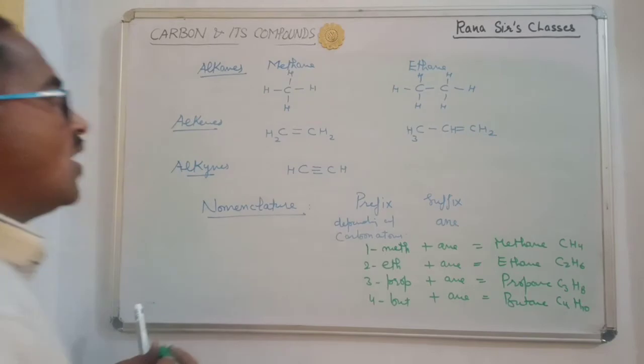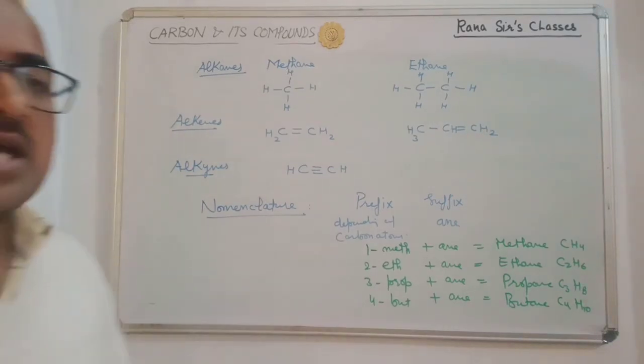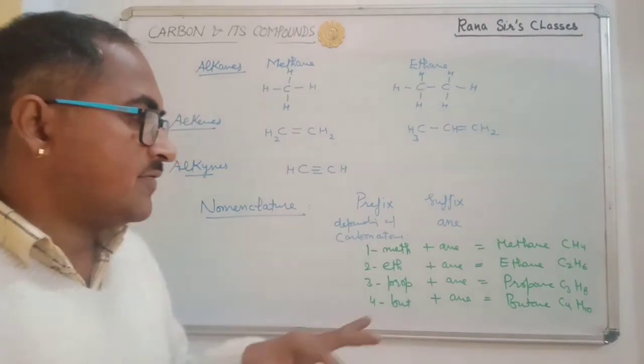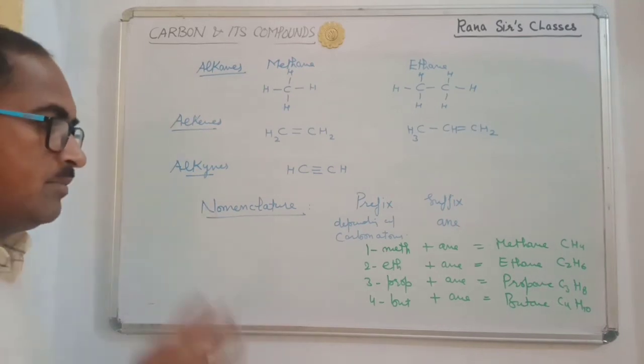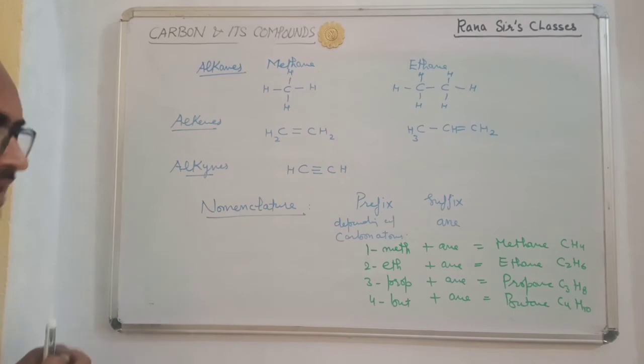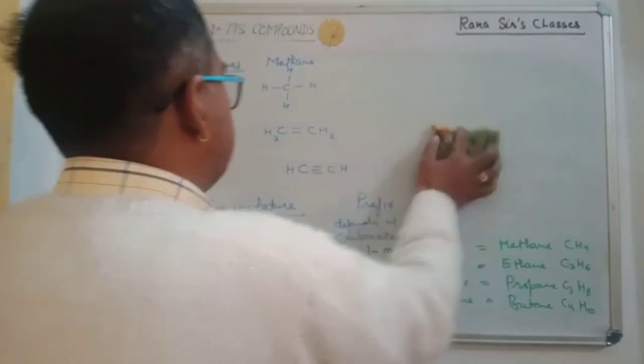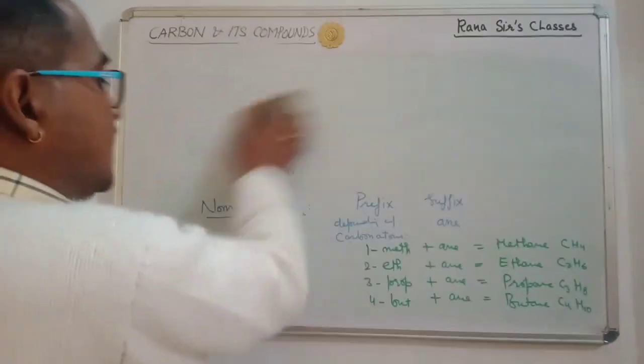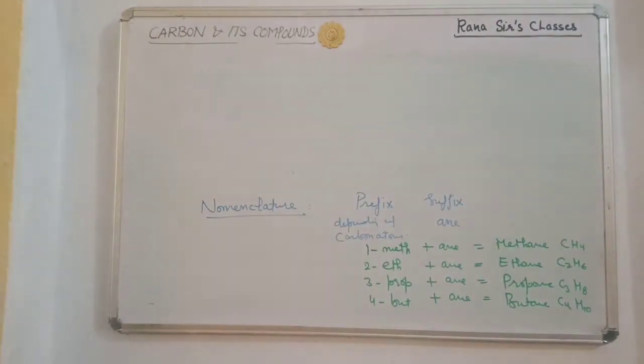So this was how these compounds are formed and they are named. Now you have seen this thing. One concept here I discuss with you is also this, that here you see CH4, C2H6.